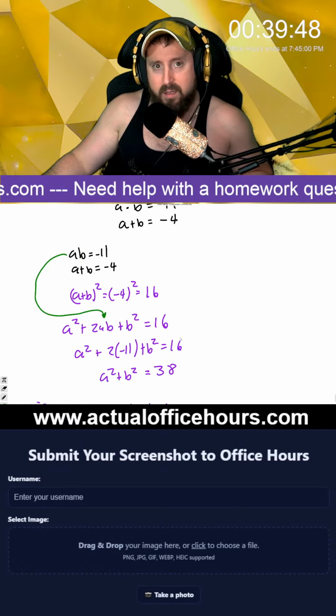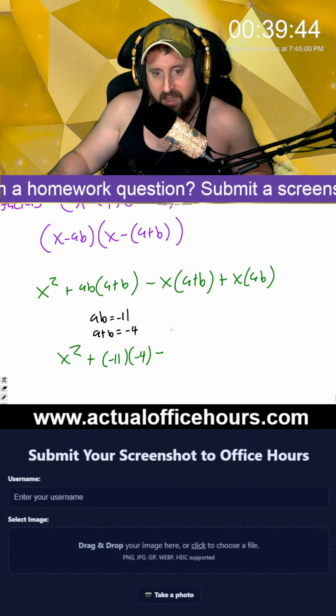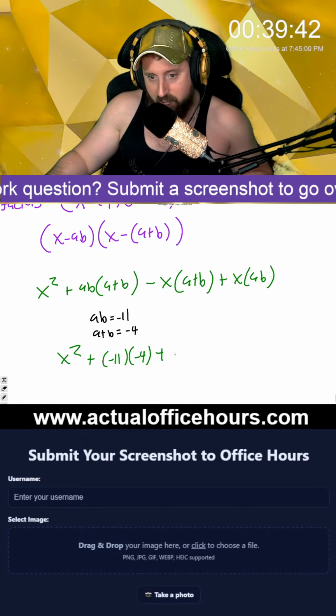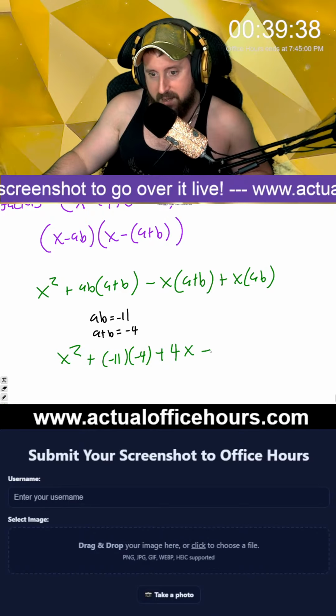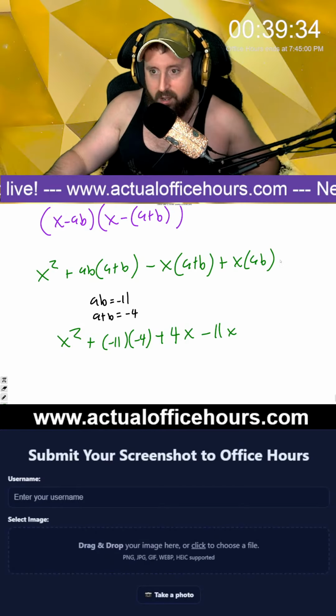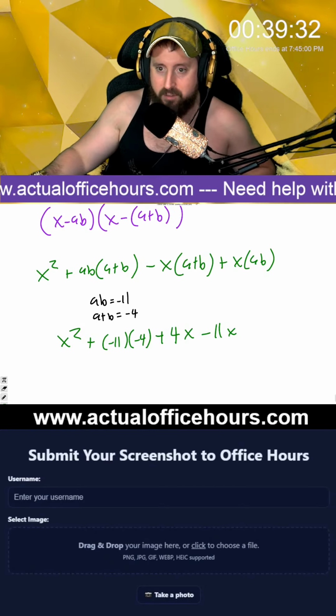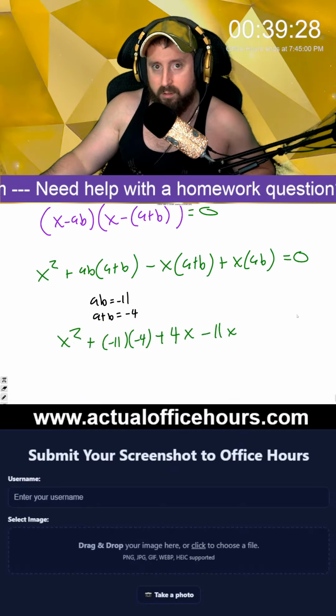Yeah, 44. Good. This is really fun, actually. Okay, minus A plus B, so that's plus 4x, and then minus 11x. And sorry, this is all equal to 0, right? If these are factors, this is also equal to 0.